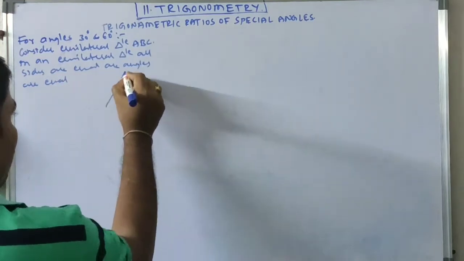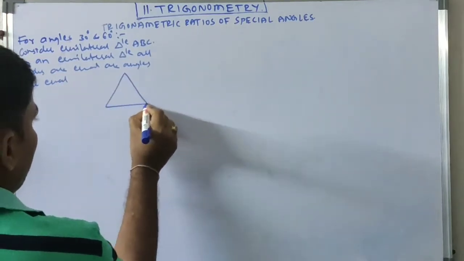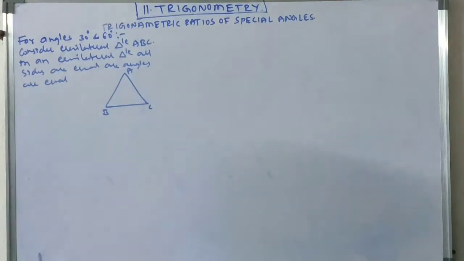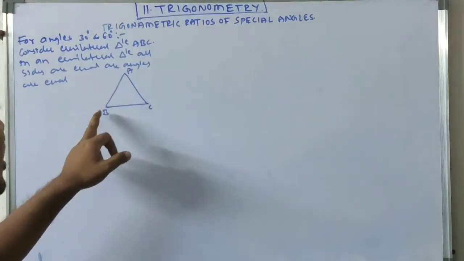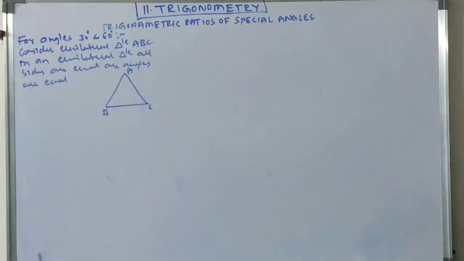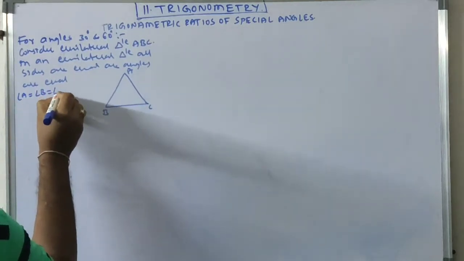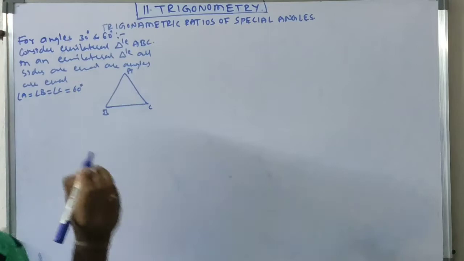So this is the equilateral triangle ABC. All angles are equal to 60 degrees: angle A equal to angle B equal to angle C equal to 60 degrees.